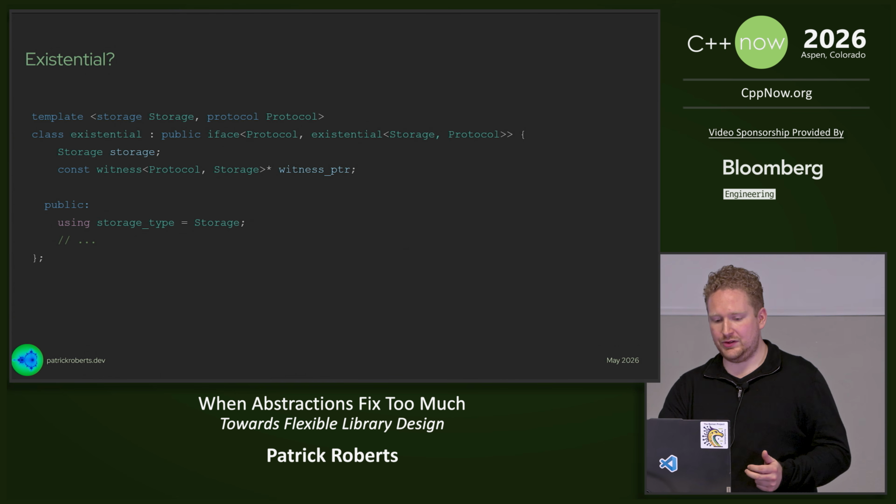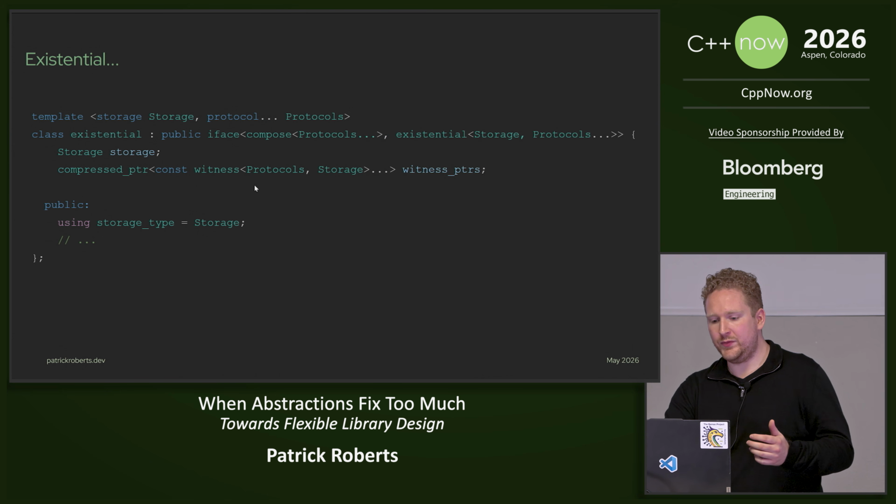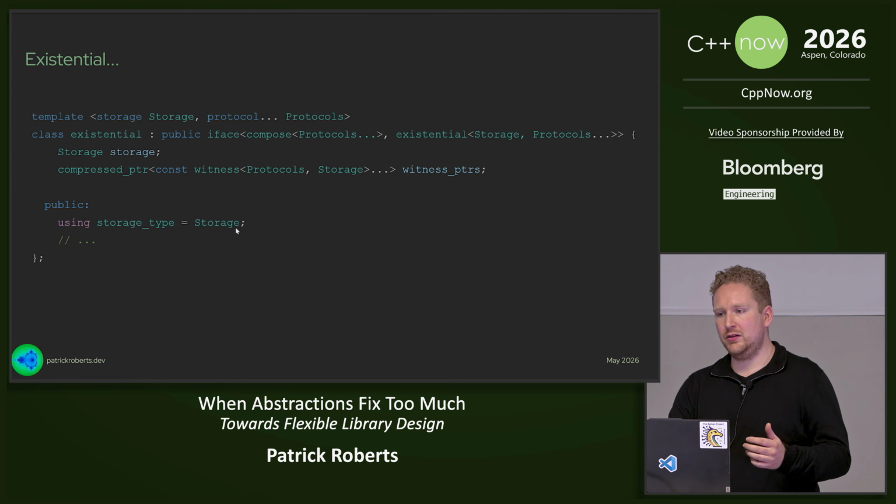So in order to deal with that, I kind of lied about my existential type initially. I showed a single capability that is turned into a single witness table pointer. But in actuality, you have a pack of capabilities that are turned into orthogonal witness table pointers that can independently degrade capabilities from each other.